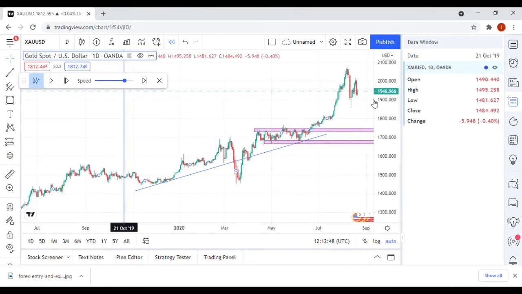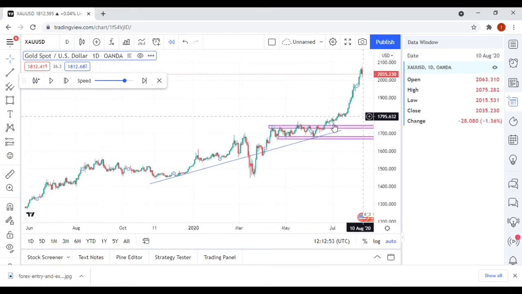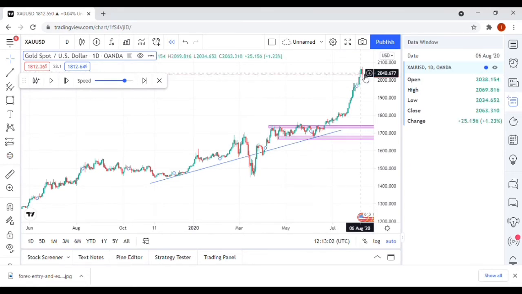Now, when price was moving up after it broke out in this area, what formed here? This is a bearish engulfing pattern. If you look back to those candlestick charts, you'll see this formation. There's a small green candle that is engulfed by a bigger red candle, indicating that the price is about to move down.